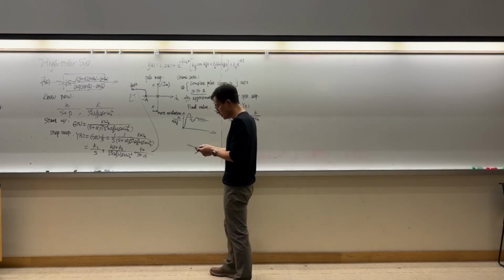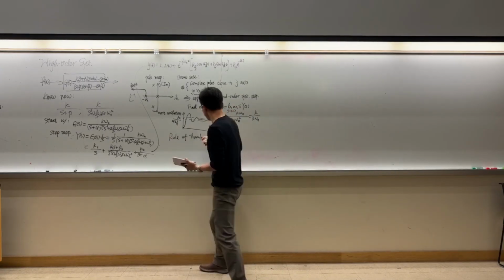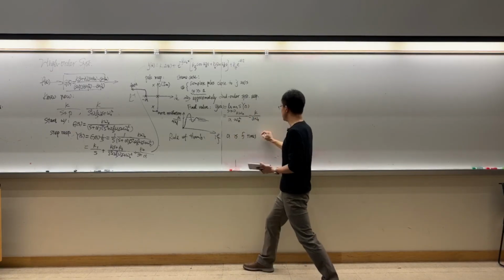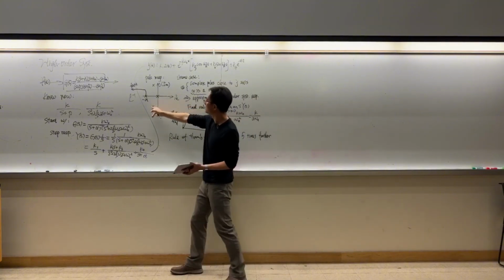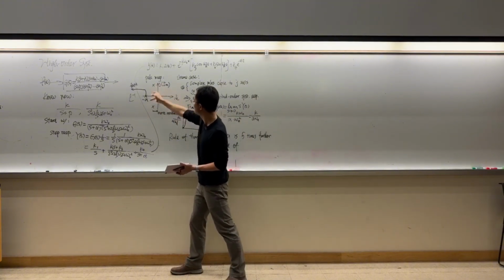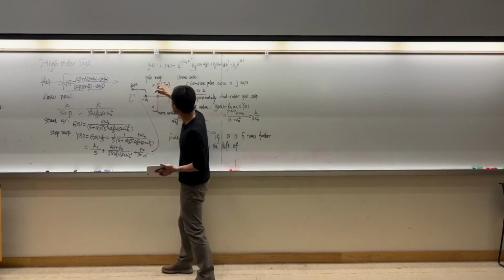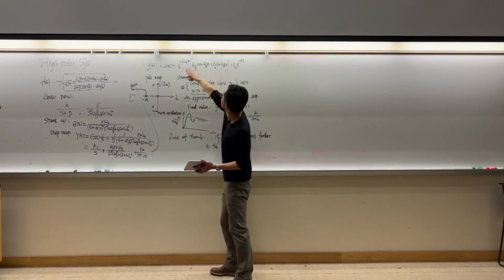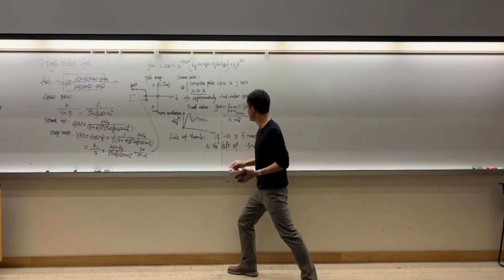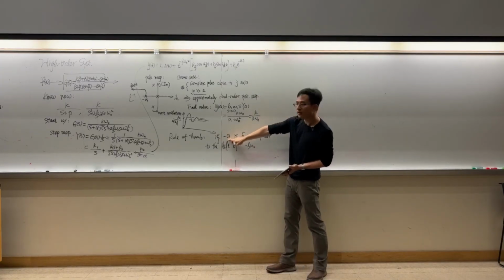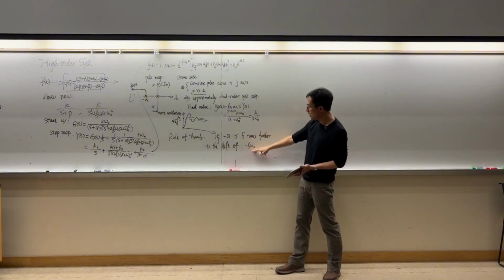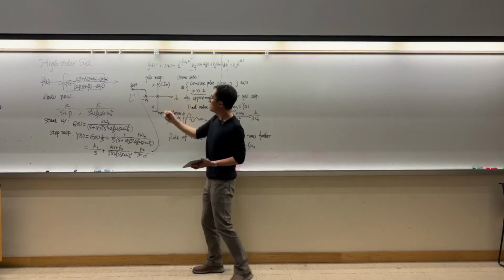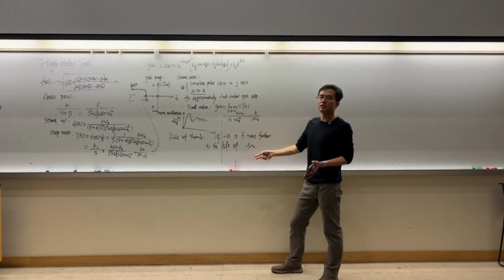If alpha is 5 times further to the left than the real part of the complex conjugate pair, which is negative zeta omega n, so if this location, negative alpha, is 5 times to the left of this real part of the complex root, then the transient happens very fast.